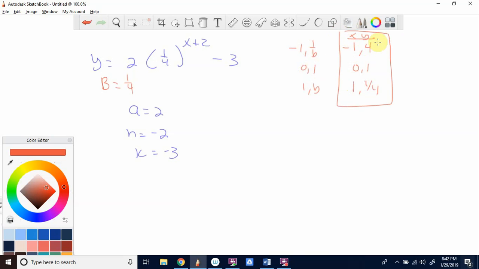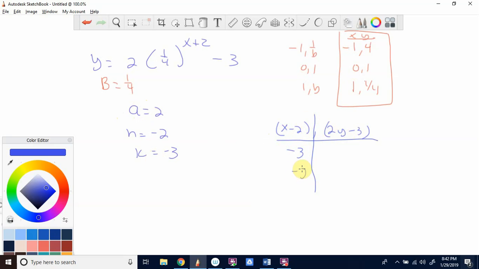Okay, so that's our parent function. But what transformations are taking place? We have (x minus 2, 2y minus 3), right? Because this is always times y, and this is plus y. So we're going to take these coordinates: put in negative 1, we get negative 3.